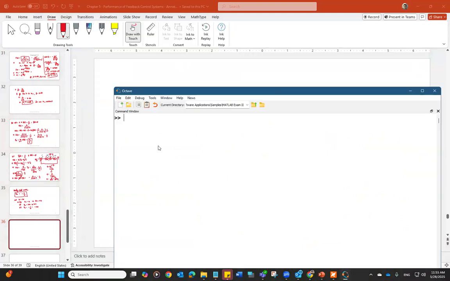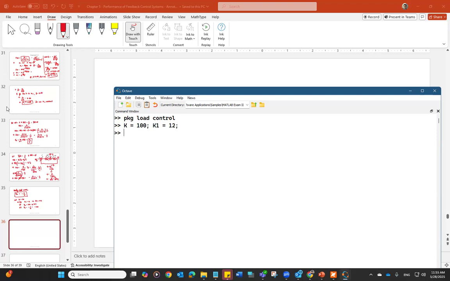Let's show control. And first I'm going to define my system one. So let's call it system one, which is the first transfer function that I have. Let me do this first. Let me say K is equal to 100 and K1 is equal to 12.